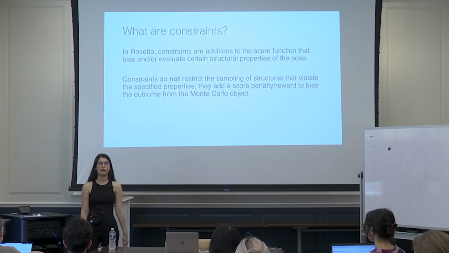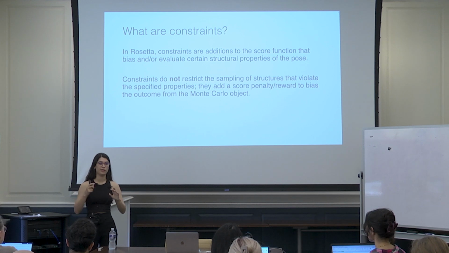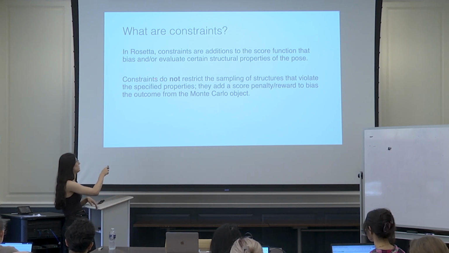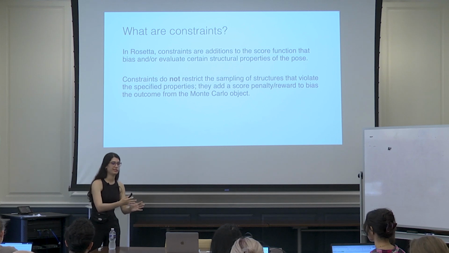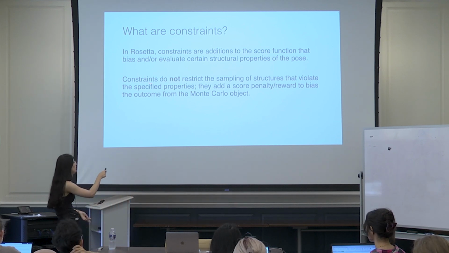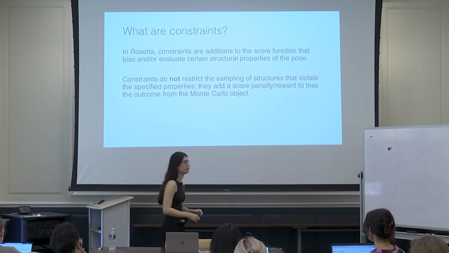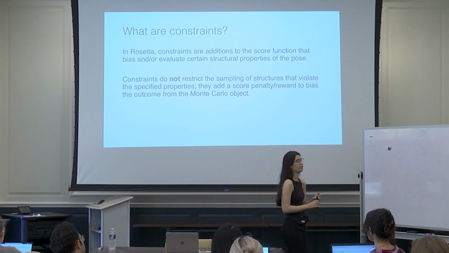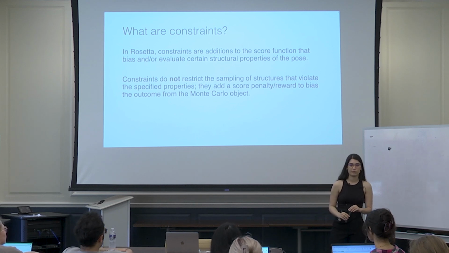So we're going to figure out exactly what we can change about constraints so that whenever we find that our requirement for the structure isn't met, how can we push it to actually get there? So what if we said that, okay, it's okay if they violate it, so not every single conformation you sample is going to adhere to your constraints, but is there a way to make it so?